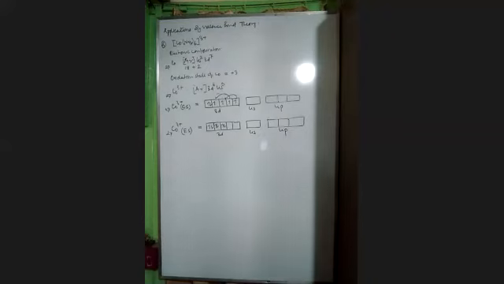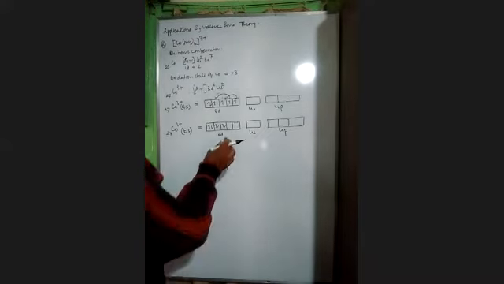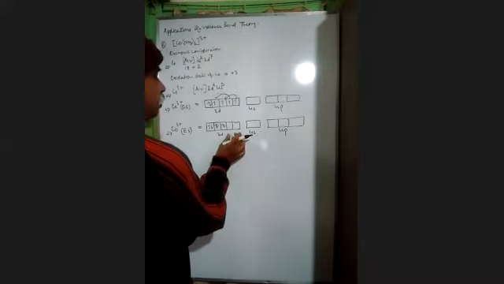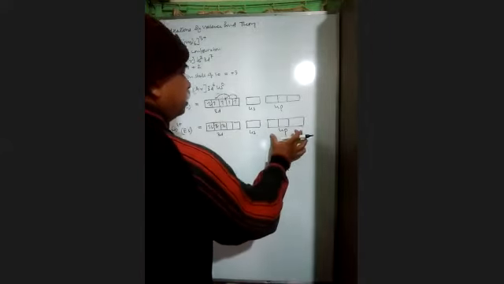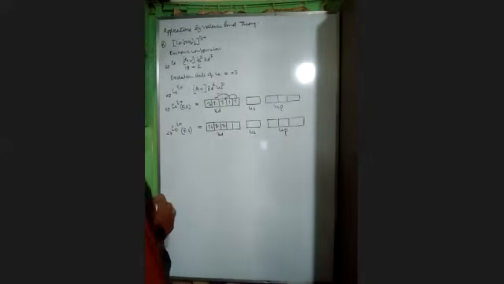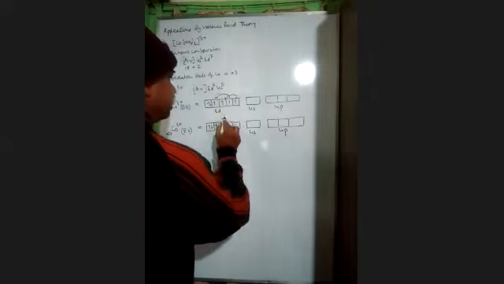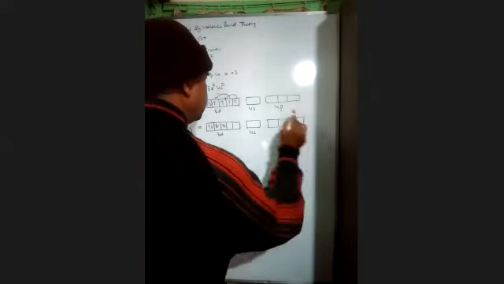For 6 ammonia molecules, you require 6 empty hybridized orbitals. From here, these 2 plus this and this will join. In your book they have written it like this.